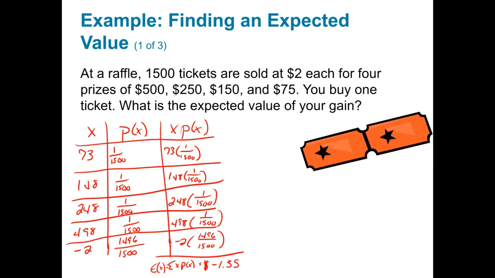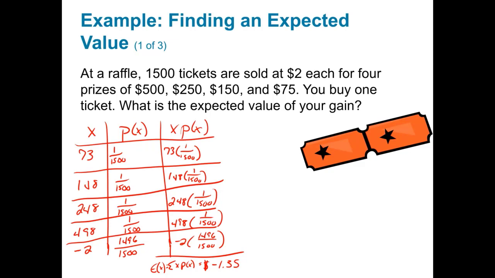So what does this mean then? Now we've got our mean, our expected value. Let's translate that. In this case, what this means is in the long run, you should expect to lose $1.35 if you keep buying raffle tickets. For every raffle ticket you pay $2 for, you should expect to lose $1.35 of that in the long run.